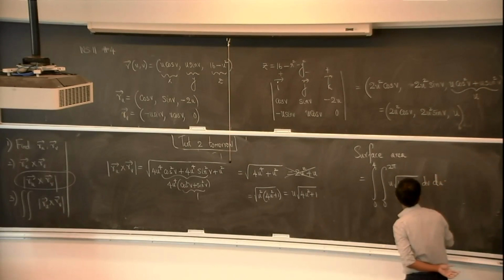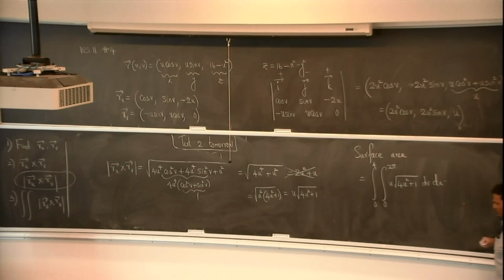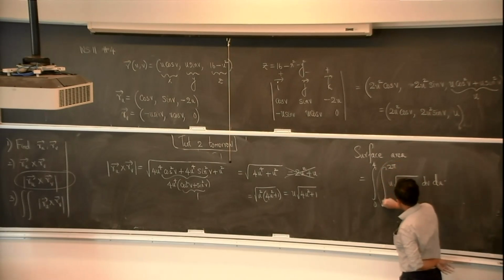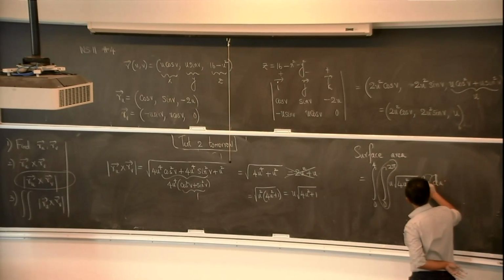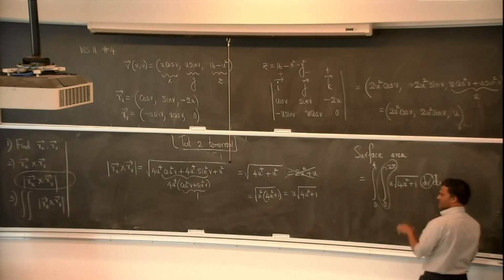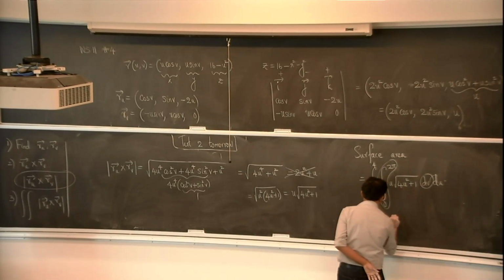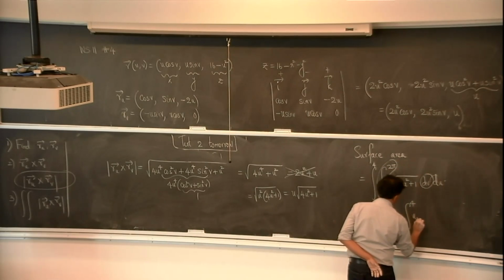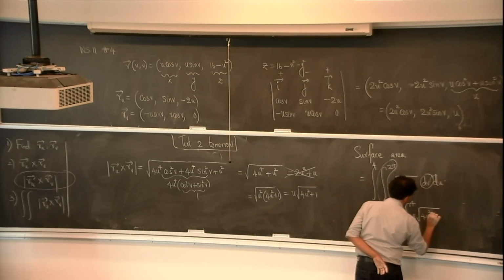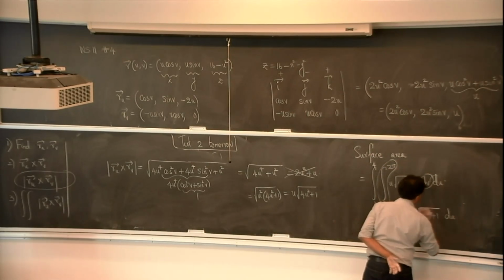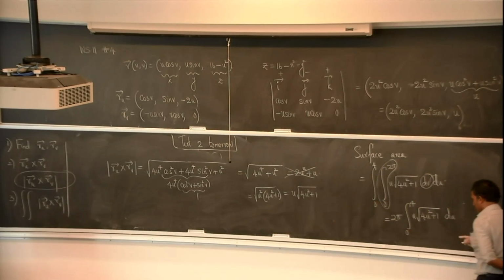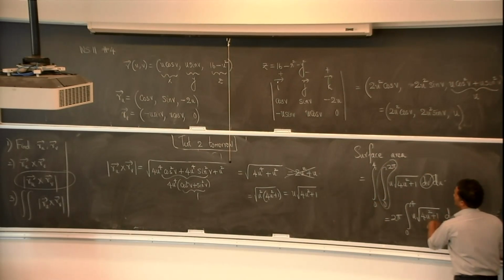Oh, okay, so v first, then u, if you write in that order. Of course, the v part will separate out because that is independent of u. So it's going to be 2 pi times the integral from 0 to 4 of u times the square root of 4u square plus 1 du. Once again, stay away from unnecessary trouble. This is not 2u plus 1.